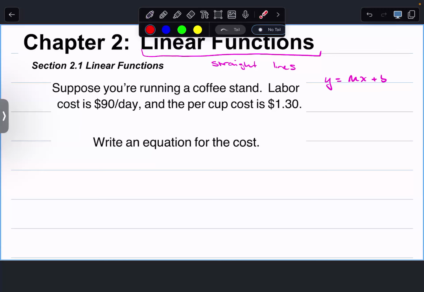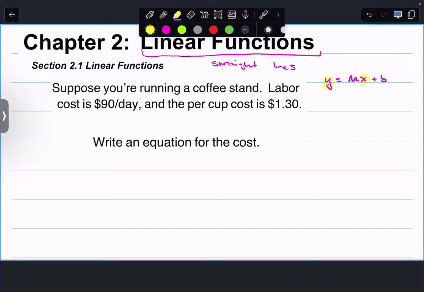The general setup of a line: how do we know if it's a linear function? If I have a y and an x, and I can rearrange and get just one term of x, no x squareds, no x to the 3s or anything like that, no polynomials yet.